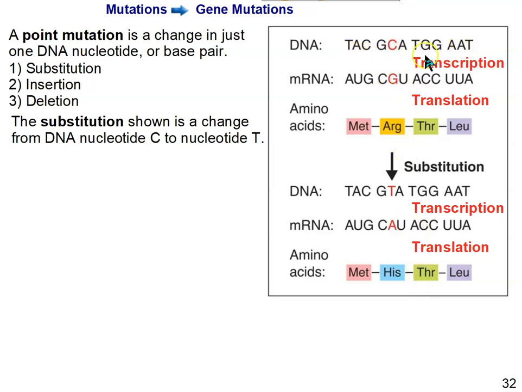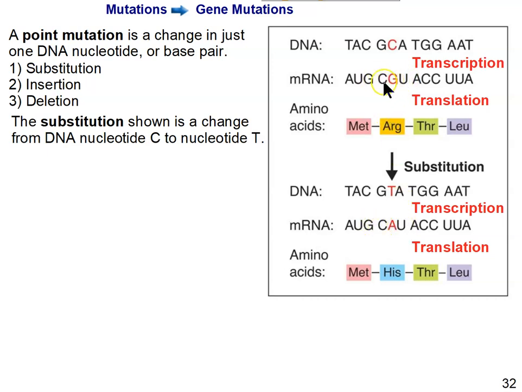So we start with DNA that's transcribed into the RNA, and our original DNA has a C in this position that's transcribed into a G. Our mutation, though, replaces the C with a T. And that changes the nucleotide in messenger RNA to an A, which completely changes the codon, right?